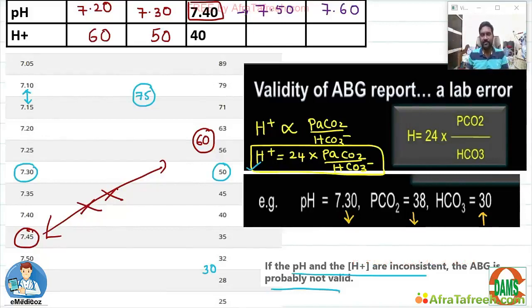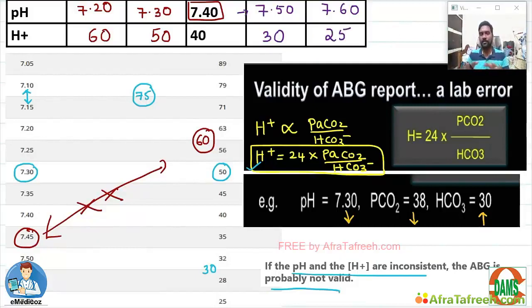So pH is increasing, and H plus should decrease because an increase in pH is alkalosis. From 40 it can decrease by 10 and become 30. So at 7.50, the approximate value of H plus in the body will be 30. Now at 7.60, this relation is not that linear when you go into the alkaline range, so here it may decrease to 25.